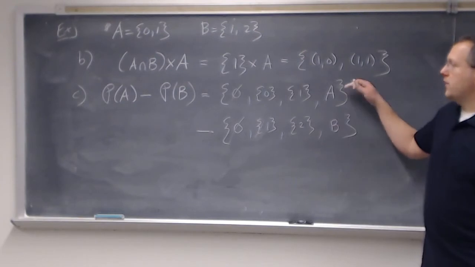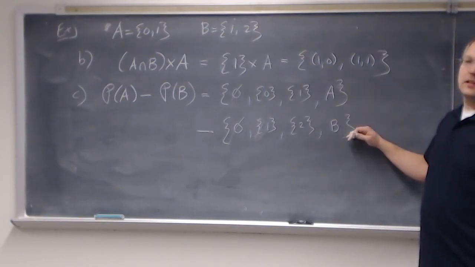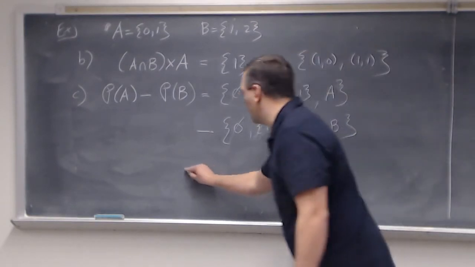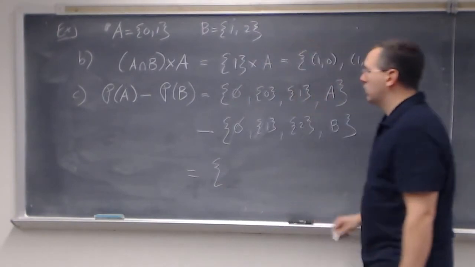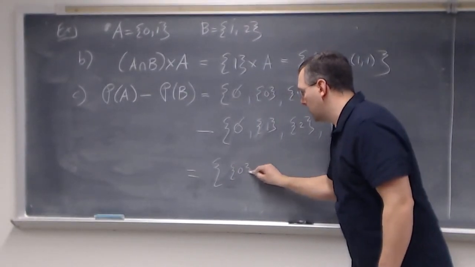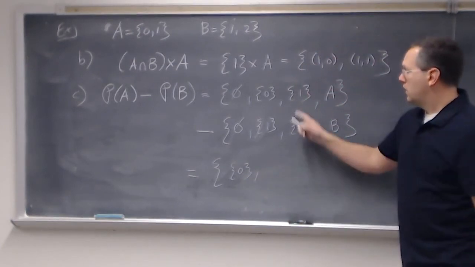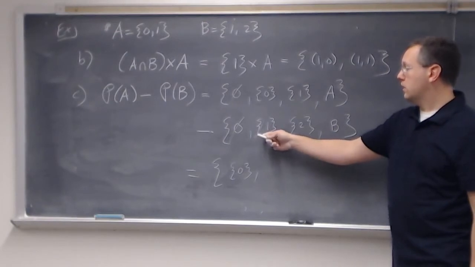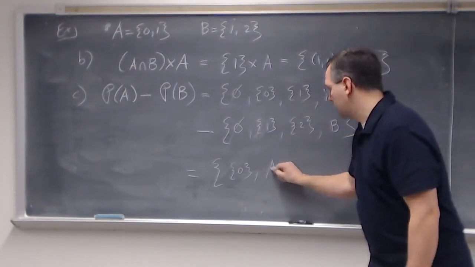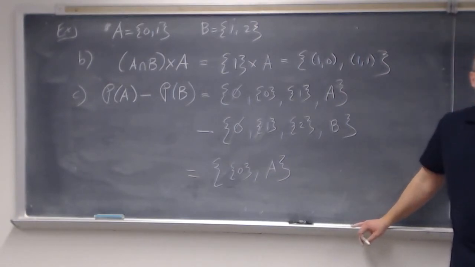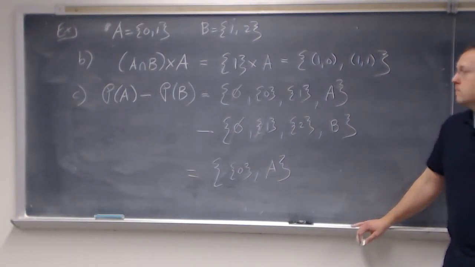So start with the power set of A, take out any elements of the power set of B, and what are you left with? Yeah, the set containing 0, because you have to take out the empty set. Take out the set containing 1, that's in both, and then A. Okay. Any questions?